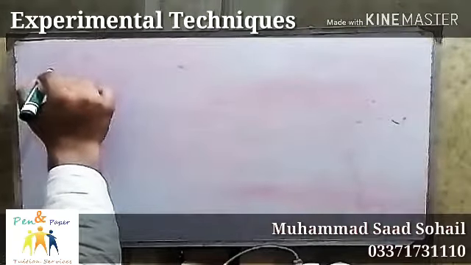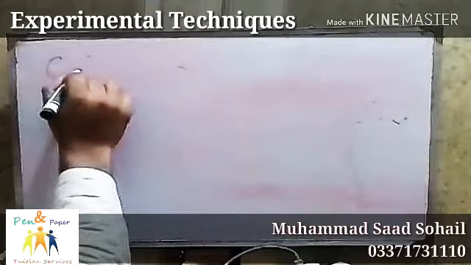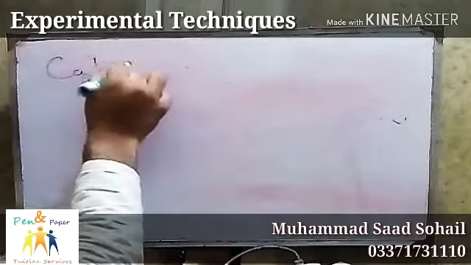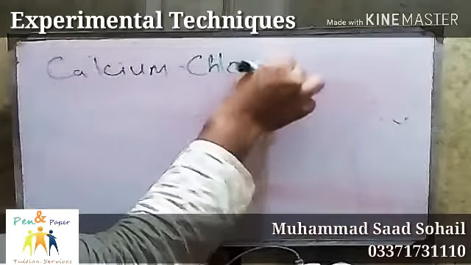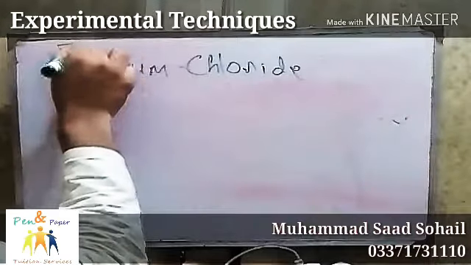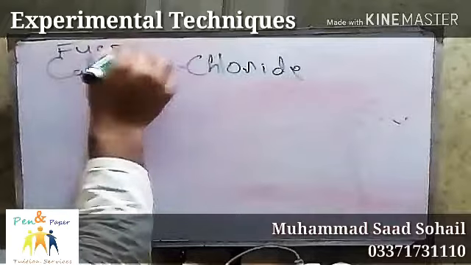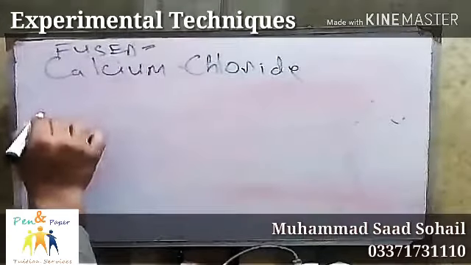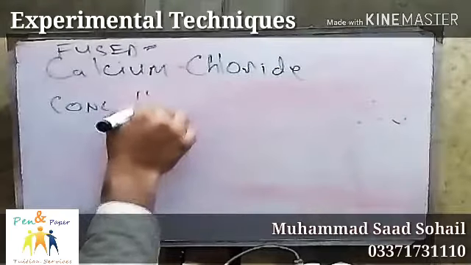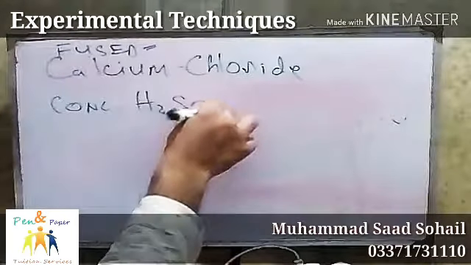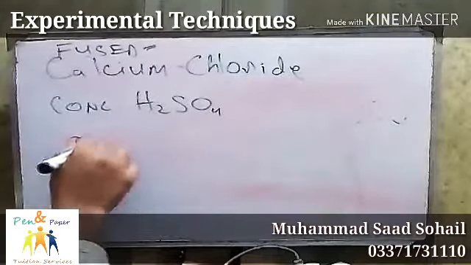First of all, there is calcium chloride, fused calcium chloride. Then you have concentrated sulfuric acid, and then you have quicklime.